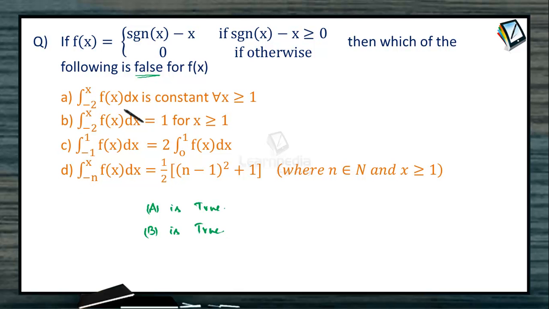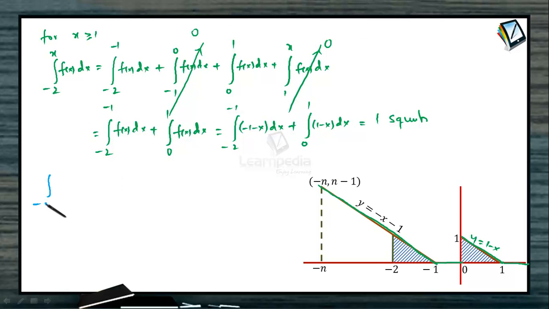Now among C and D, we need to pick which one is false. So let's again go to the diagram of the graph of y equal to f of x, when we try to evaluate integral minus n to x of f of x dx. Now these are two triangular regions from x equal to minus n to x equal to a number which is more than 1, right?